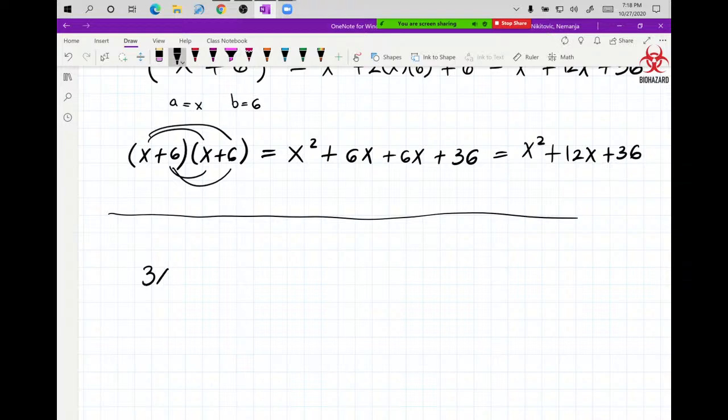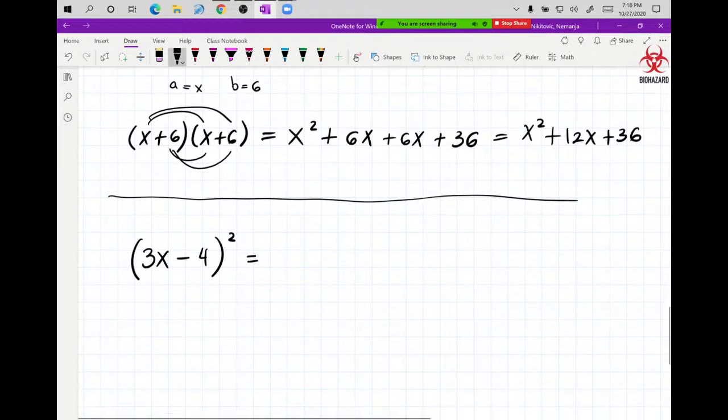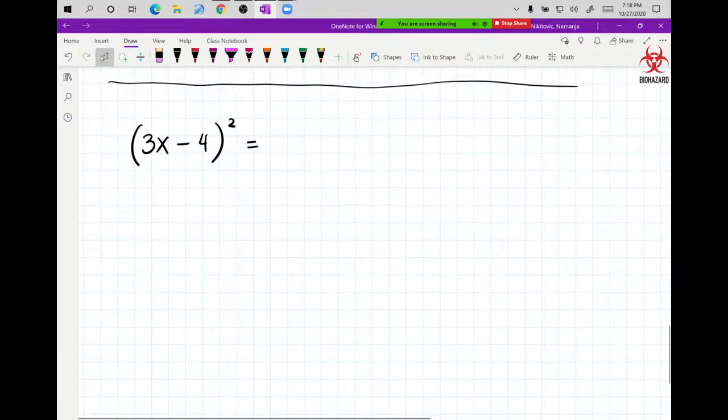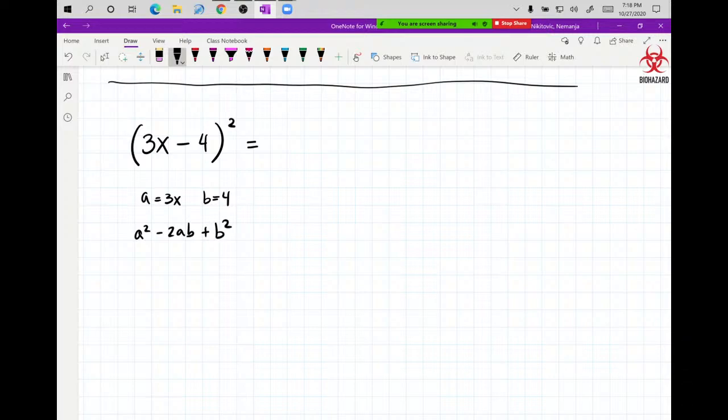So 3x minus 4 squared. Okay, I'm going to solve this one. Please pay attention, and then we'll have one for you right after this. So my a is 3x. My b is 4. And the formula, when I have a minus there, I memorized it: a squared minus 2ab plus b squared.